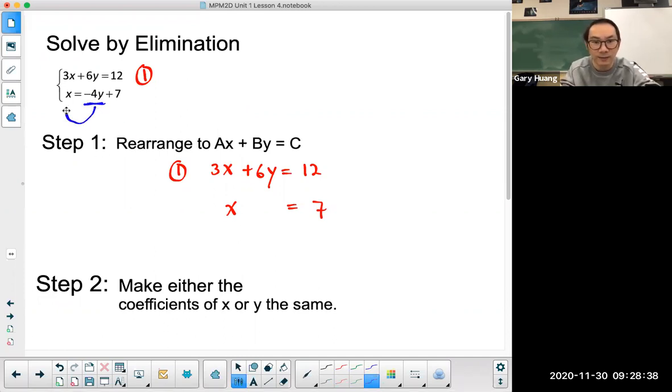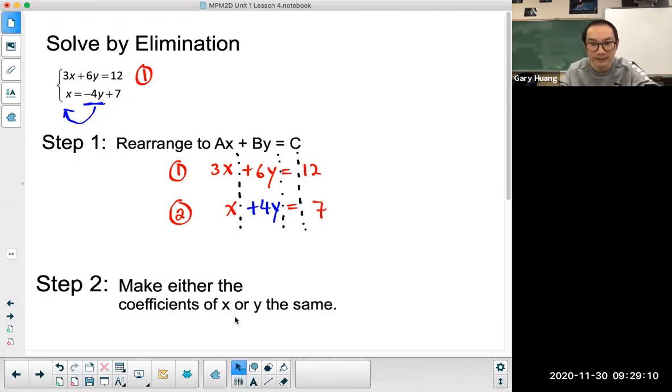So I'm going to shift that to the left-hand side of the equation, and when you switch sides, you have to switch the sign. The minus 4y becomes plus 4y, and that's my second equation. Now I have my x's lined up together, my y's lined up together, my equal signs lined up together, and my numbers lined up together.